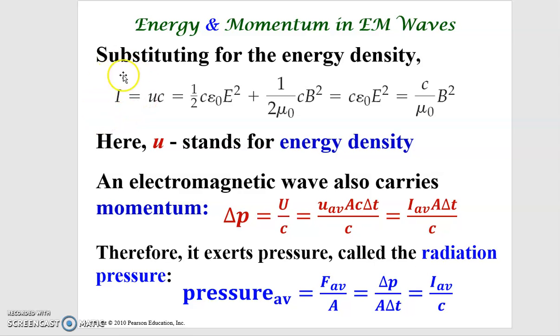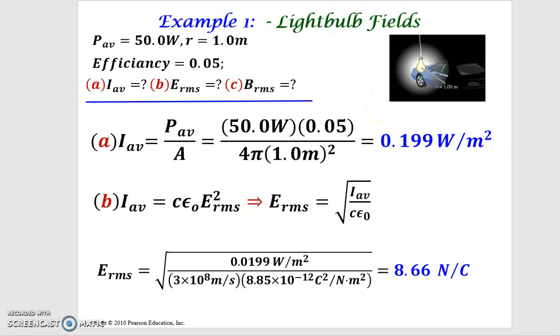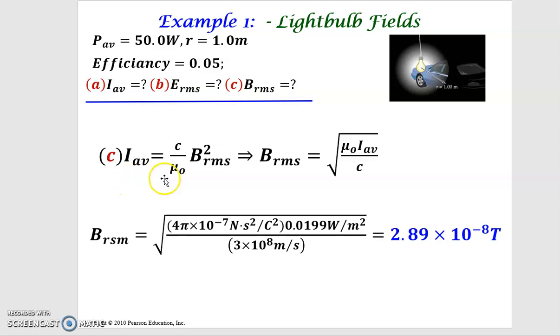The intensity is actually C multiplied by epsilon naught multiplied by E root mean square squared. Therefore, if you use this formula, then you can calculate the root mean square of the electric field, and this is the value. And now, not a surprise to you, if you try to calculate the root mean square of the B field, you still use the same equation, but now in terms of the B field. Therefore, the root mean square of the B field is this value.